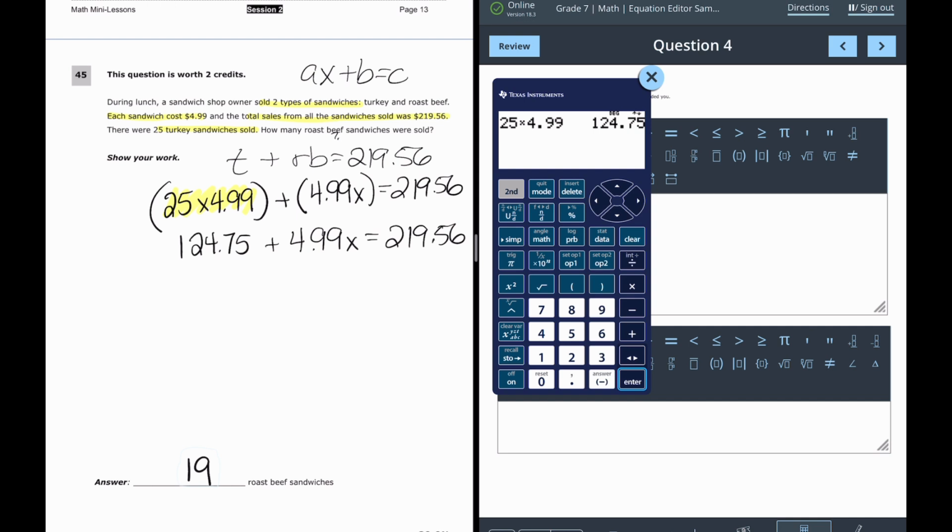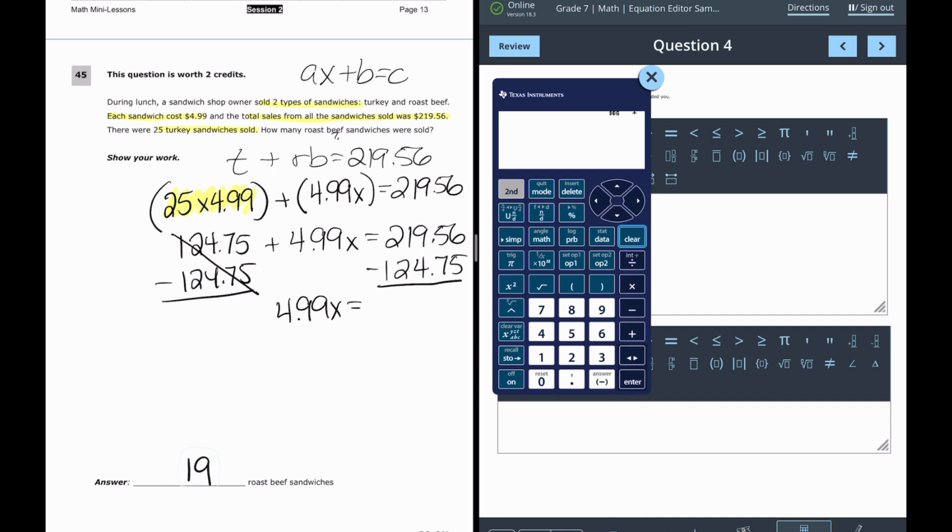That's the format we're going with. So I'm going to take this out of this side and out of this side. So we're going to make a zero pair. So I'm going to subtract 124.75 here to make a zero pair, leaving me with 4.99x. And I'm going to subtract 124.75 here.